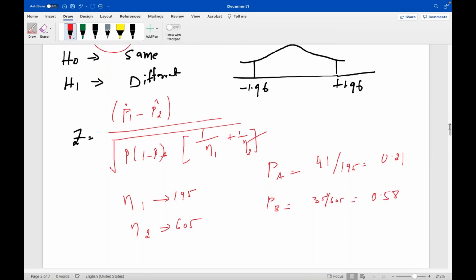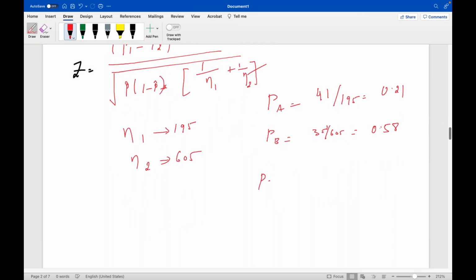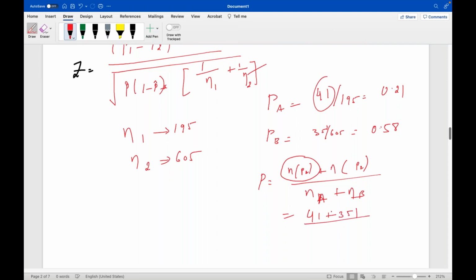Yes. Now the overall proportion formula is: the number of good results of A plus the number of good results of B, divided by the number of samples of A plus the number of samples of B. So the number of good results for drug A is 41, plus 351 for drug 2, divided by 195 plus 605.